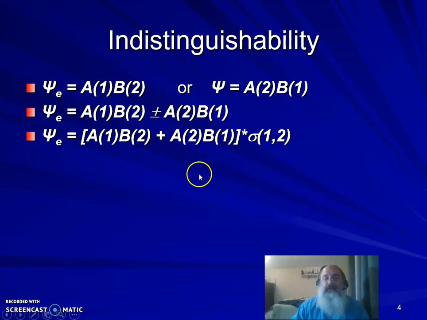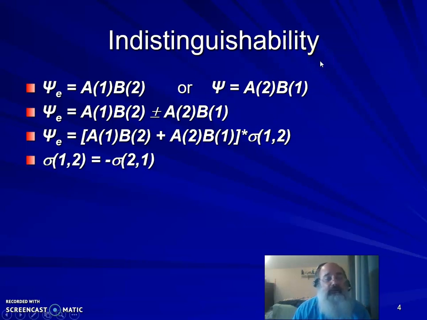And so when we add the spin component in, then what we end up doing is multiplying by a spin function that relates the spin of the two electrons. But the spin function itself has to be indistinguishable as well. And so that's where our anti-symmetry is going to come in.